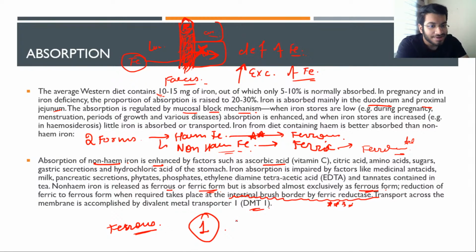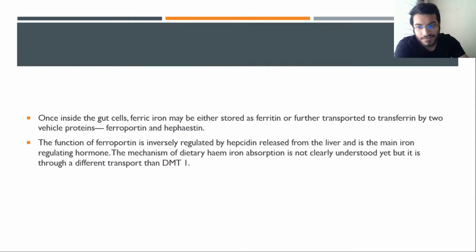Intestinal brush border, right? And the transport across the membrane is accomplished by divalent metal transporter 1, DMT1. Once inside the gut cells, iron or ferric iron may be either stored as ferritin or further transported to transferrin by two vehicle proteins, ferroportin and hephaestin.